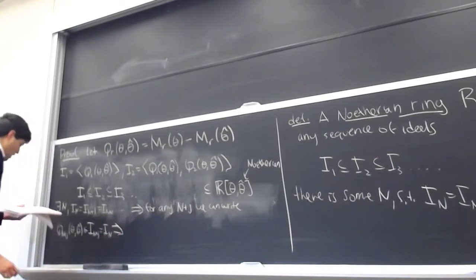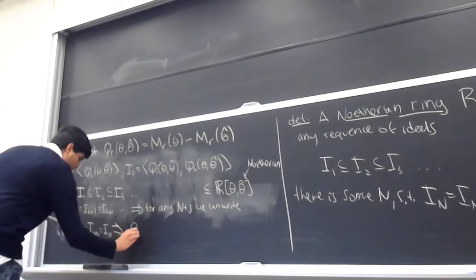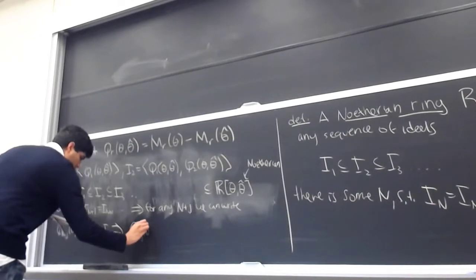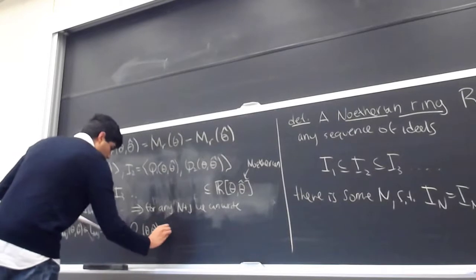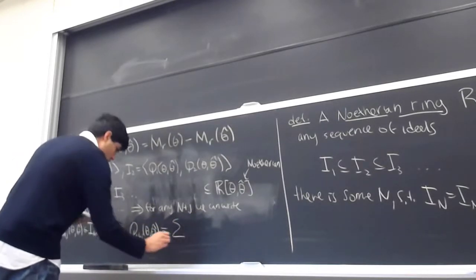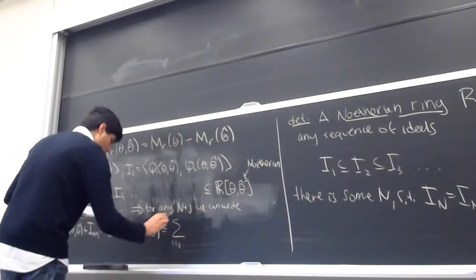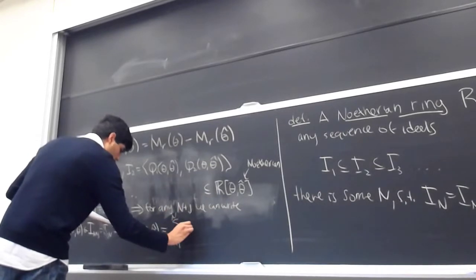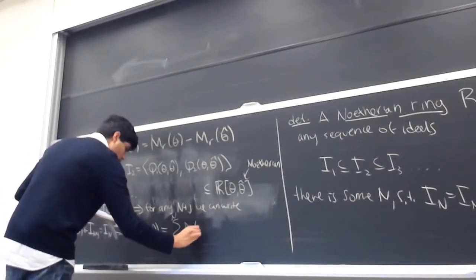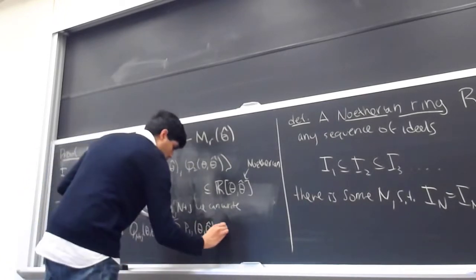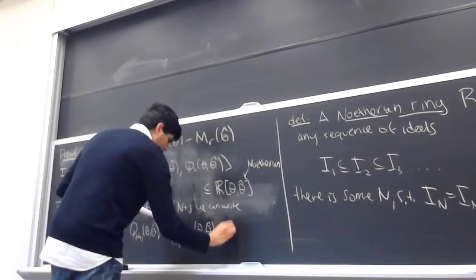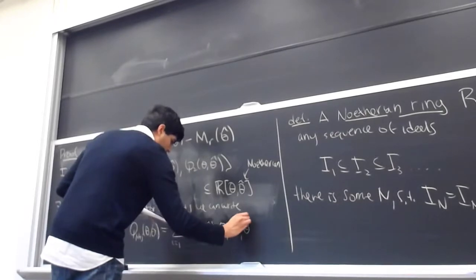All this together implies that we can express Qn+j of theta hat using the earlier things, the earlier generators.